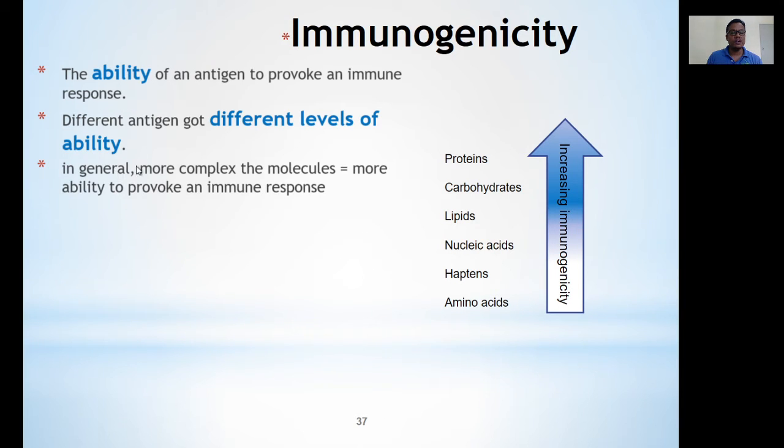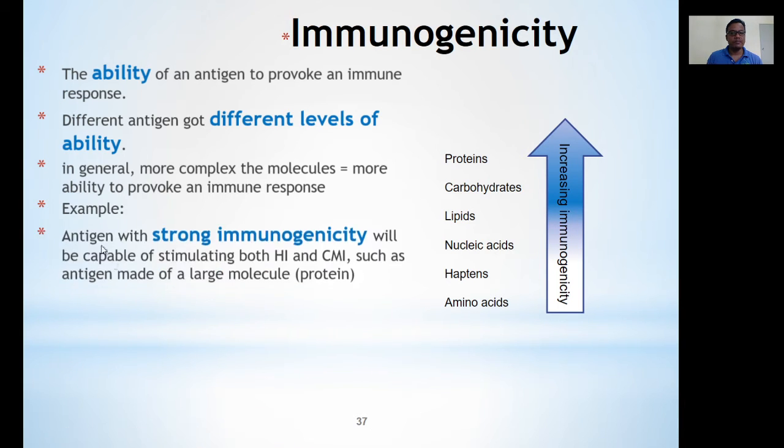In general, the more complex or the bigger the molecule, the higher the ability of that antigen to provoke an immune response. For example, antigens with strong immunogenicity, such as proteins and carbohydrates, we can observe here: the top parts have better immunogenicity compared to the lower part.